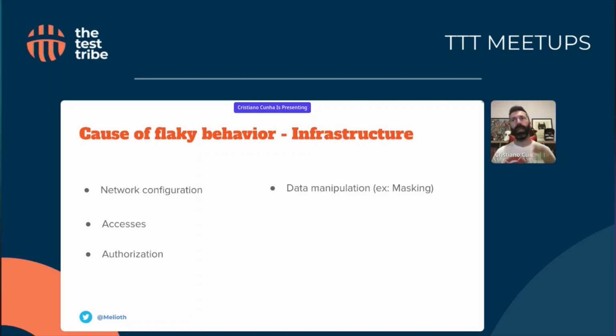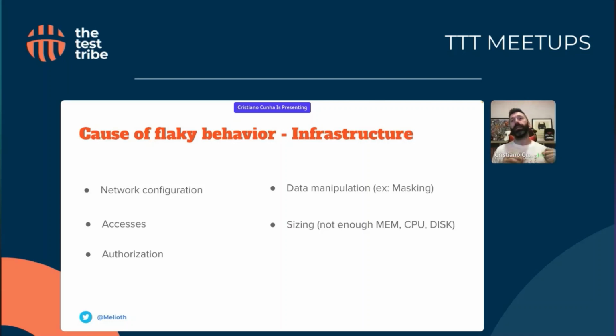And sometimes, like I said, it fails because of the masking. The masking is not that well done, and sometimes the links and the dependencies are lost because of it, and the test will not work as usual. And this will cause flakiness also.